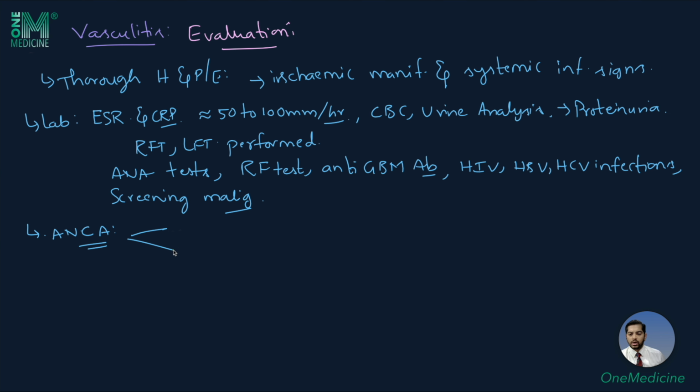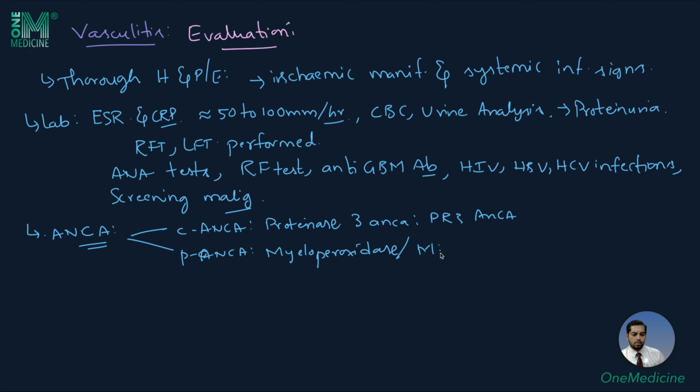There are two important types of ANCAs, that is C ANCA, which is proteinase 3 ANCA, also known as PR3 ANCA. The other is P ANCA, also known as myeloperoxidase or MPO ANCA.